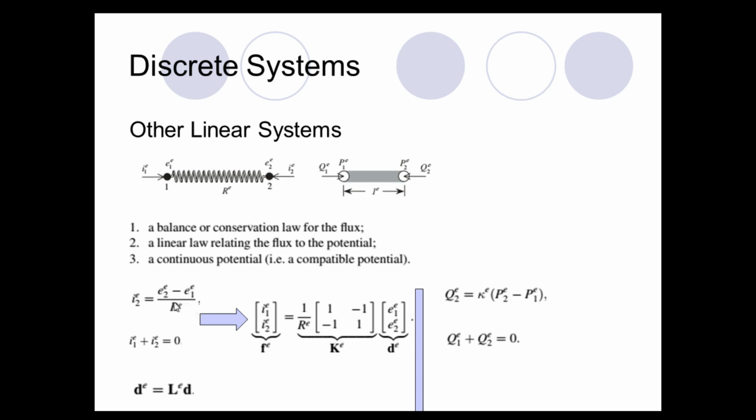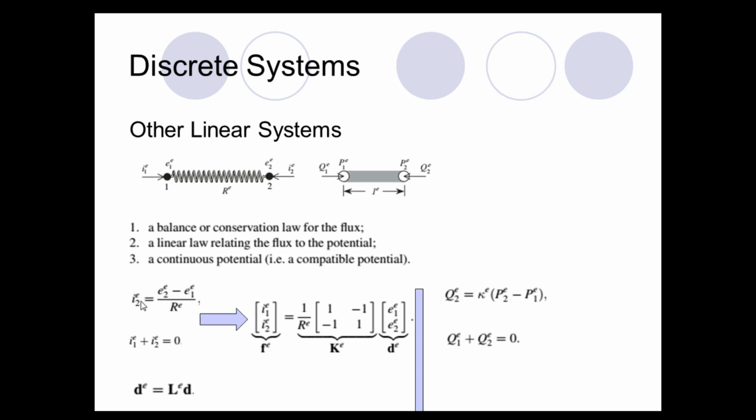So you can write the Ohm's law in this case. So E2 is nothing more than the difference in the potential. Okay, so this is the voltage, E2 minus E1 divided by the resistance.